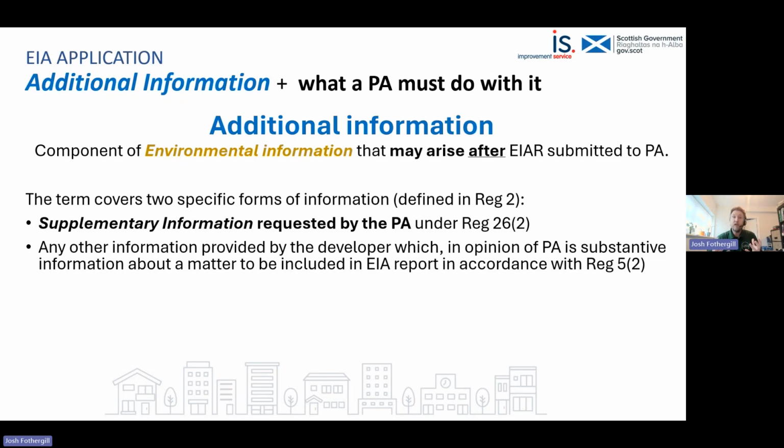But equally, it can be any other information that's provided by the developer, which in your opinion is substantive in relation to a matter that's set out in the EIA report. So if it's substantive new environmental information that hasn't previously been there, then it is additional information and it can therefore trigger a requirement for additional consultation if it comes in after the EIA report's consultation has started.